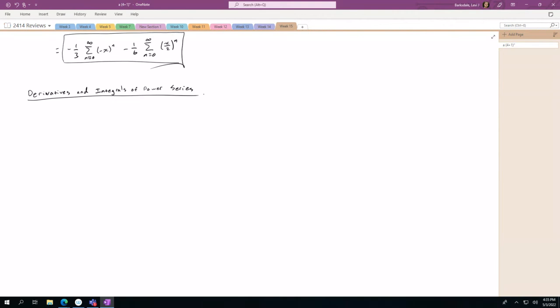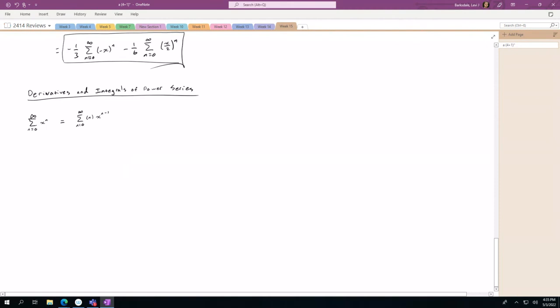So let's say you have your basic geometric power series, the sum from n equals 0 to infinity of just x to the n. Well, if I took the derivative, all I'm going to do is apply my power rule. So wherever I have an x, I look at the exponent, I multiply by that exponent, I decrease it by 1.